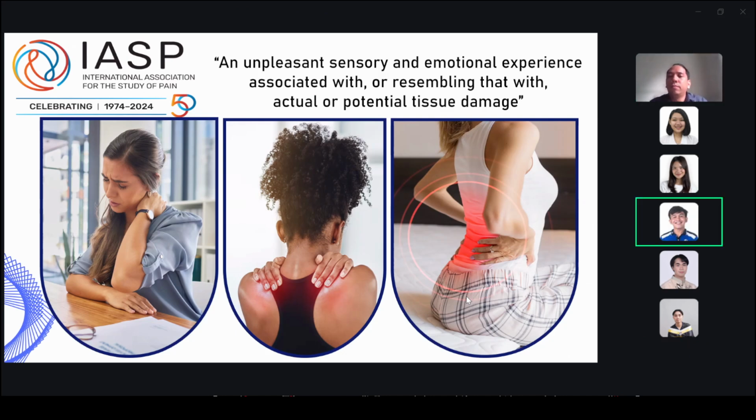Good morning po, Doc. Good morning. So coming from the definition of pain as provided by IASP, I would say that pain can come as a subjective experience.